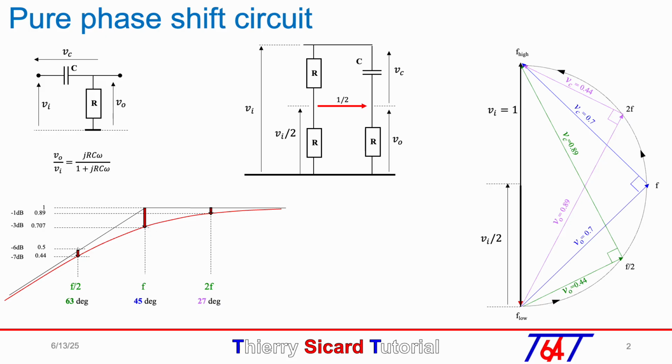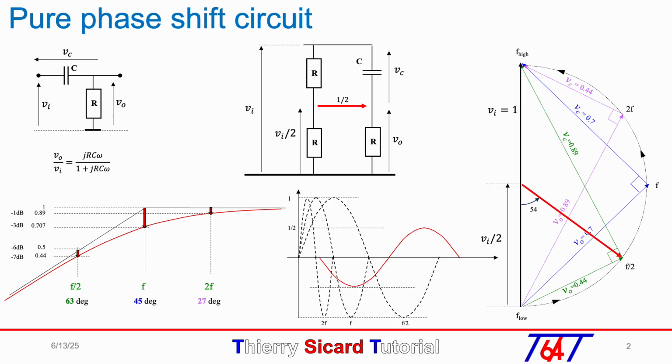If we look at the red vector at different frequencies, we will see that at the frequency f divided by 2 with Vout equals 0.44, the red vector has a phase of 54 degrees compared to the minus 180 degrees at low frequency, but with always an amplitude of 0.5.